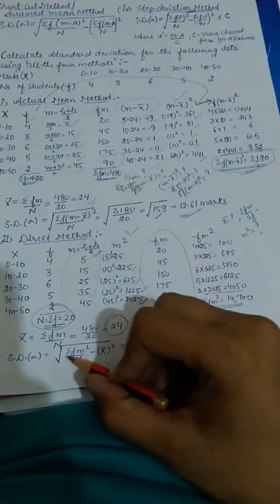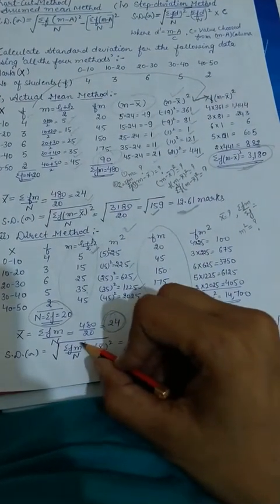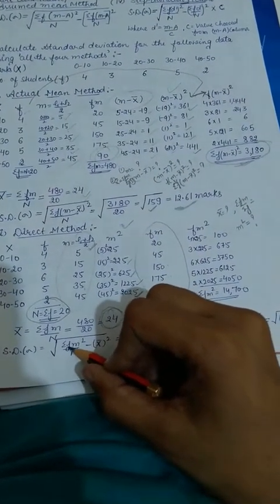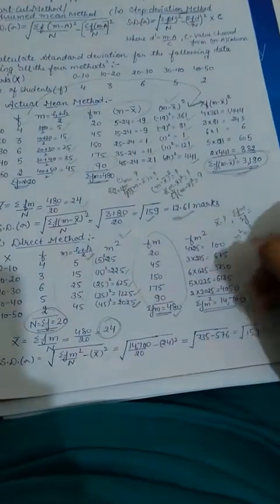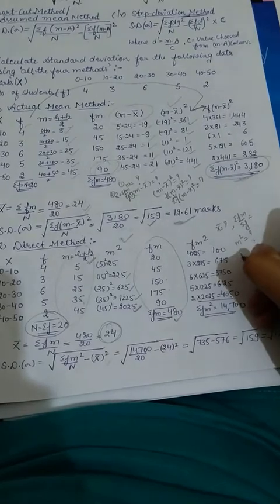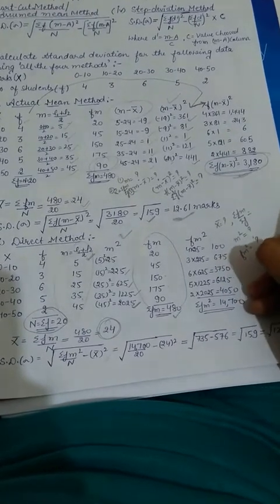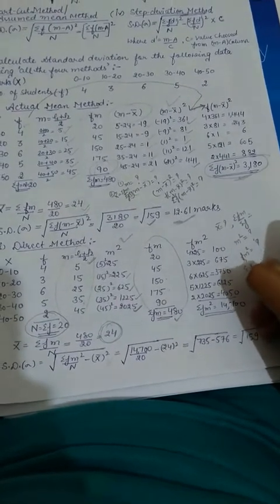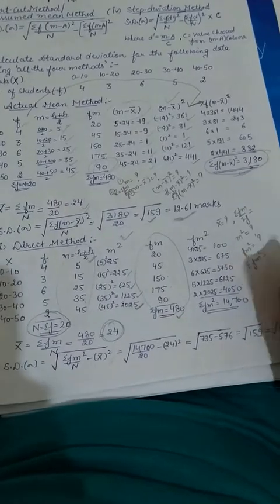Now you need sigma fm square, so you need the total of the product of f into m square.